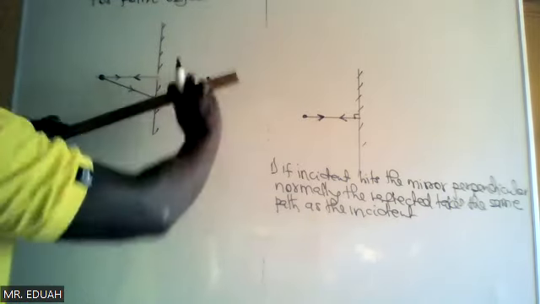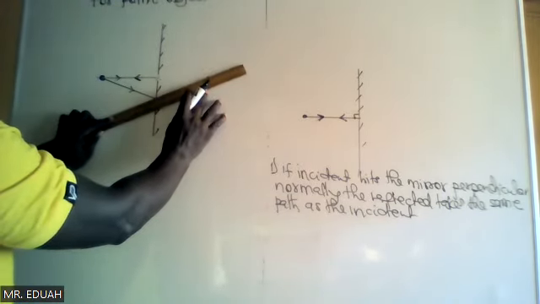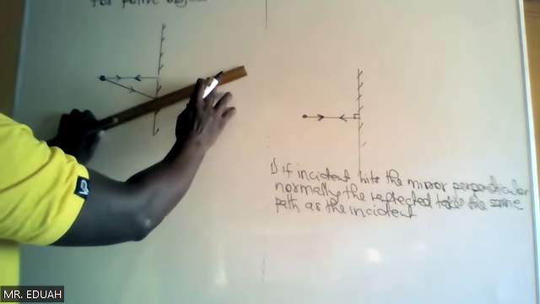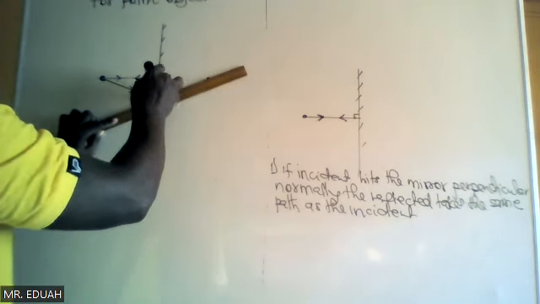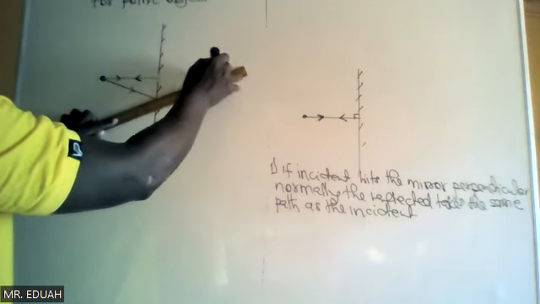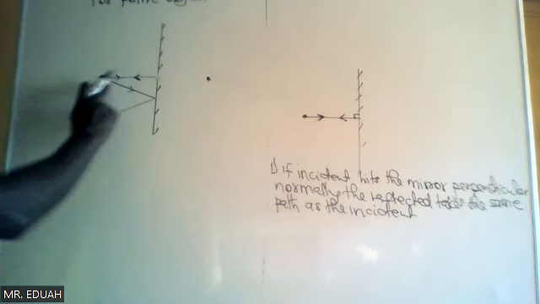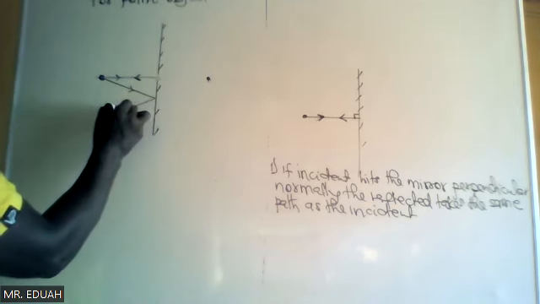The reflected ray can be traced to that point, because for an image formed by a plane mirror, this must happen. So I must trace my reflected ray to this point, else I'll not get this rule that object distance is equal to image distance. So this is the reflected ray.